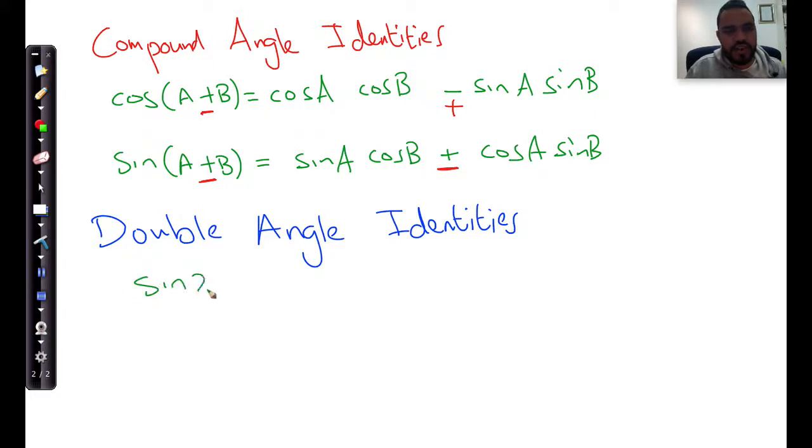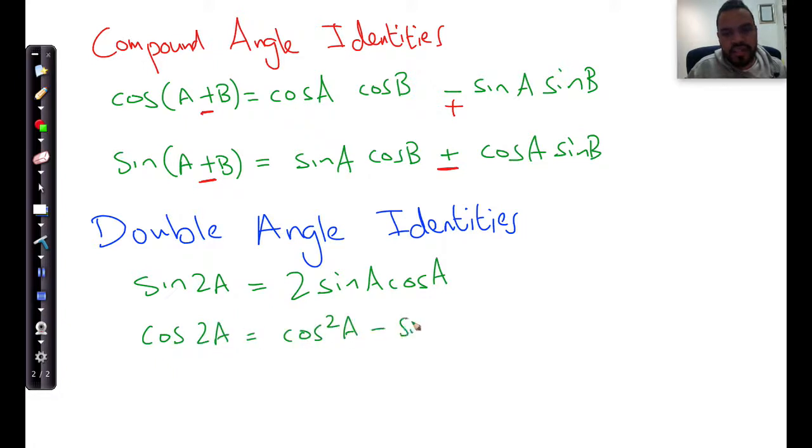Sine of 2A, which is basically A plus A, is equal to sine of angle A multiplied by cos of angle A, 2 sine A cos A. And if I have cos of 2A, the first identity is cos squared A minus sine squared A. From there I derive two identities, and that's going to be 2 cos squared A minus 1, and the other one is going to be 1 minus 2 sine squared A.